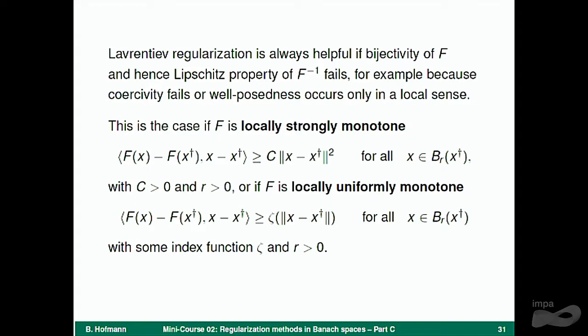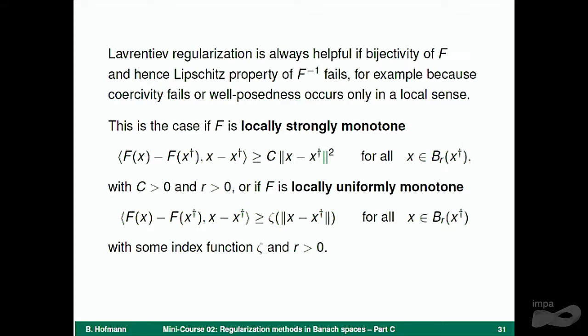I call an operator strongly monotone in a local sense if this works only in a ball, and locally uniformly monotone if we have here a function which is an index function. You see this is much more general in this form.